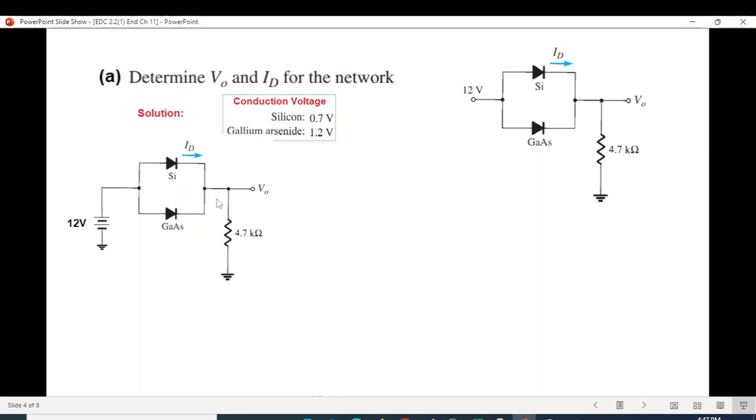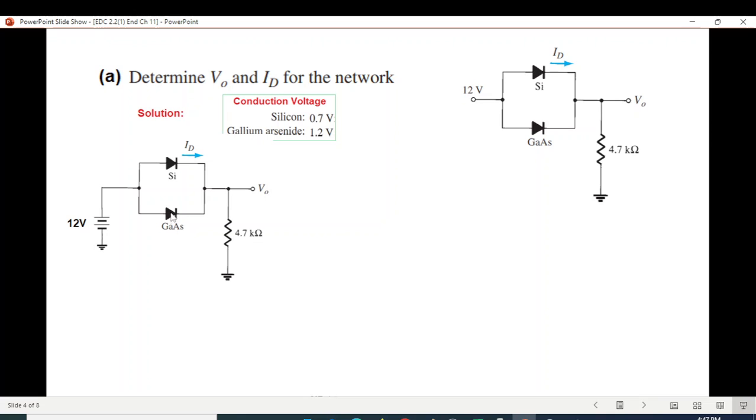And that problem is that we know the voltage across silicon diode is 0.7 volt. So the moment 0.7 volt is achieved here, this diode will start conducting, and the 0.7 volt will hold across this whole circuit, this parallel line.